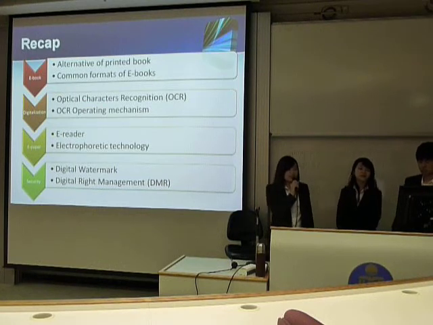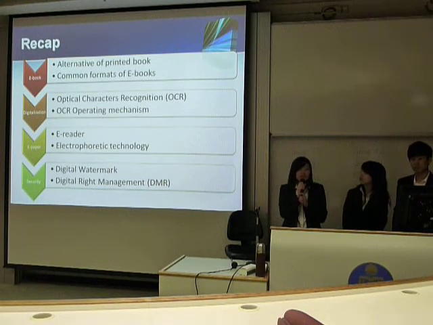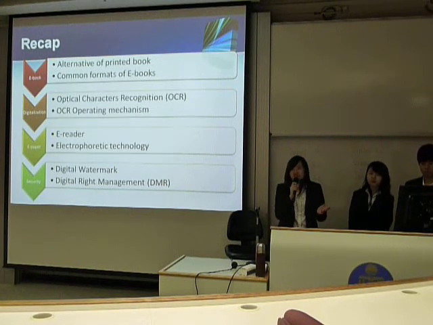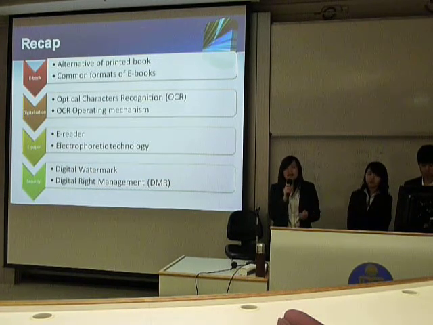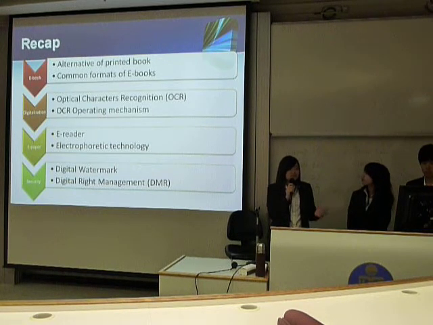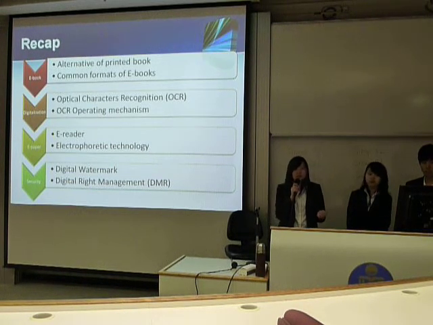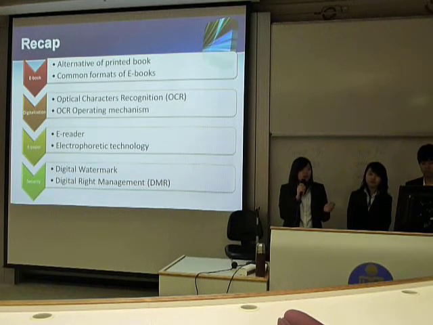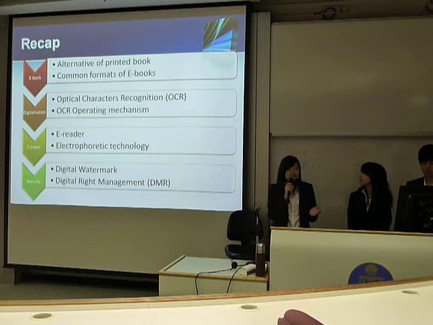So let us have a quick review of what we have talked about. An ebook is an alternative to the printed book, and there are many formats for ebooks, like Microsoft Reader or the Kindle. For the digitalization of the printed book into the ebook, optical character recognition is used, and we have talked about its operating mechanism.